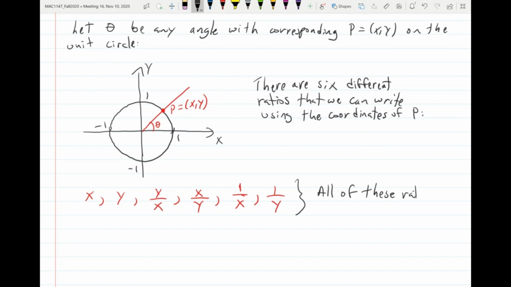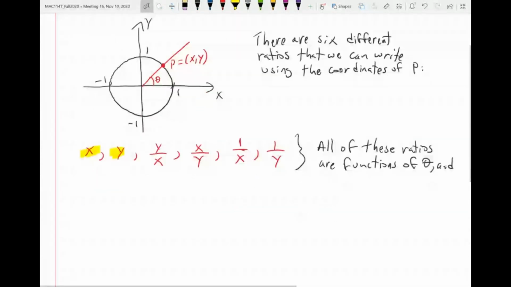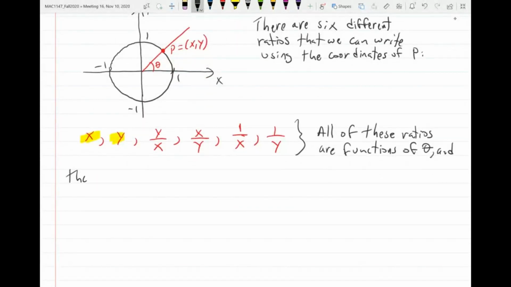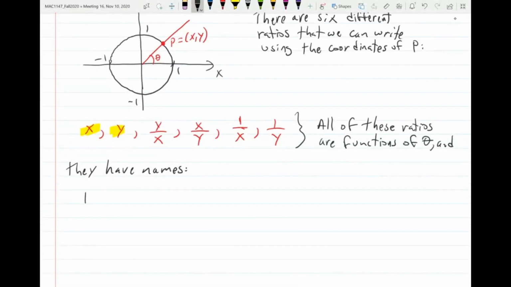So all of these ratios are functions of theta, just like sine and cosine. In fact, sine and cosine are ratios, and they have names. So now we give them names. Definition.